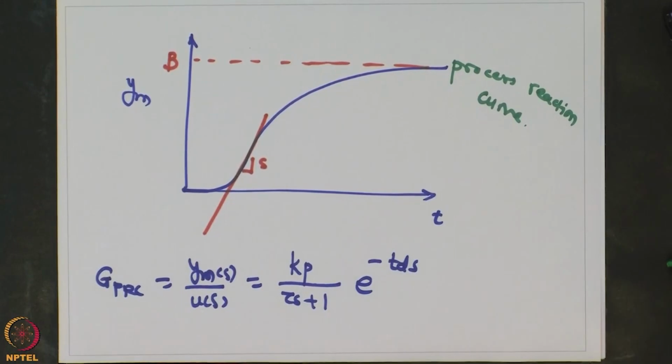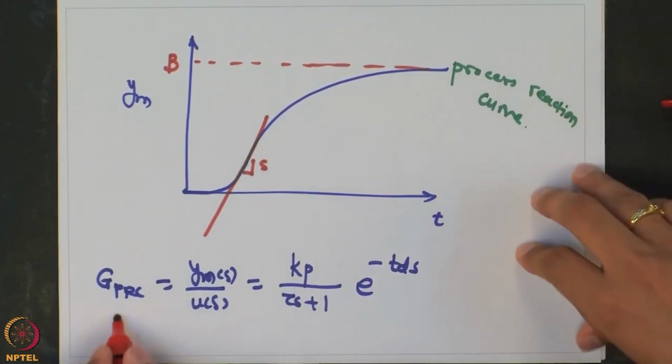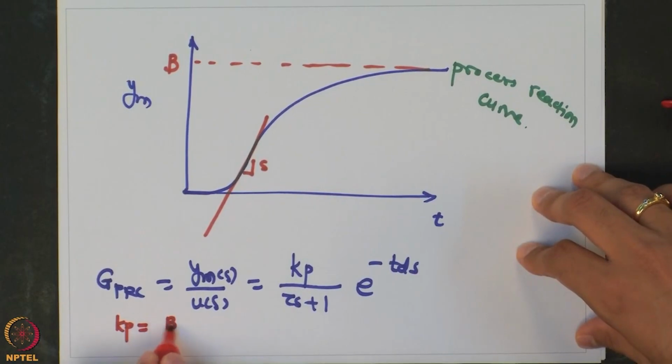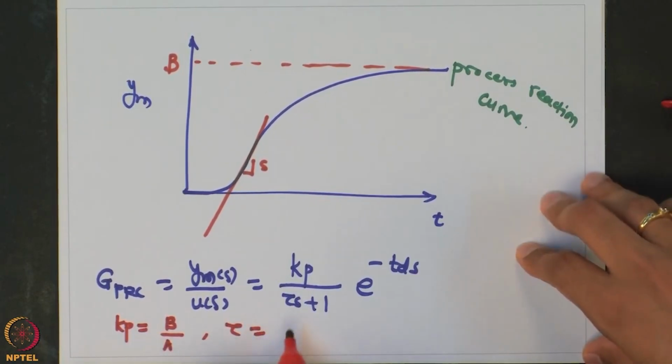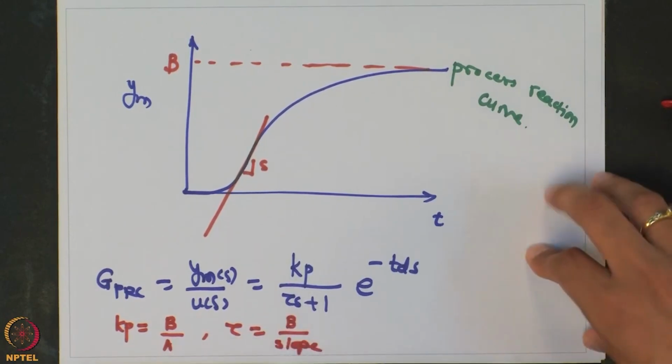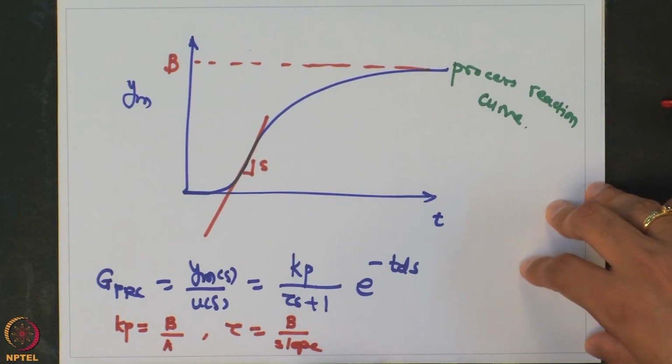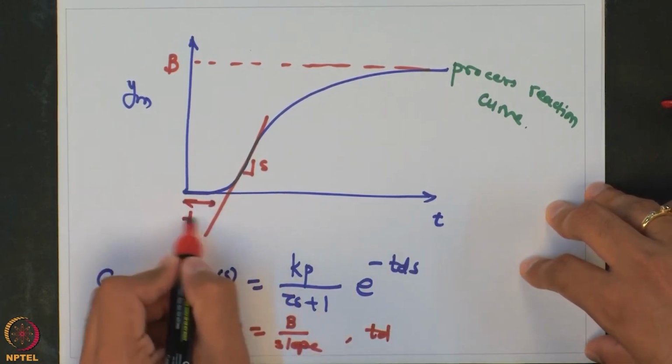And we have already seen how you convert this kind of a response into a first order plus dead time model. You would know that in this case Kp will be equal to B by A, tau will be equal to B by slope, and Td will be equal to this.